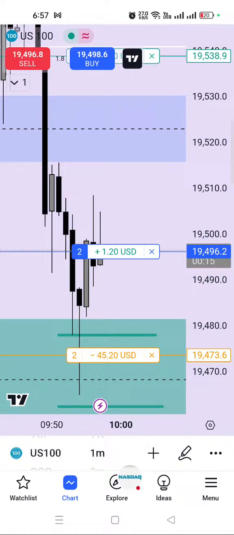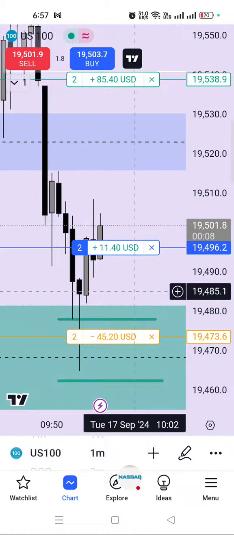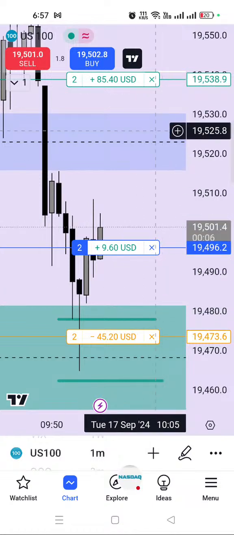We have 3 minutes. जब hourly close हो जाएगा तो we can expect some sort of a volatility. Either it's gonna knock me out completely or it's gonna just hit my take profit.